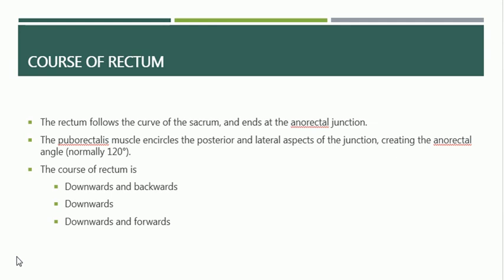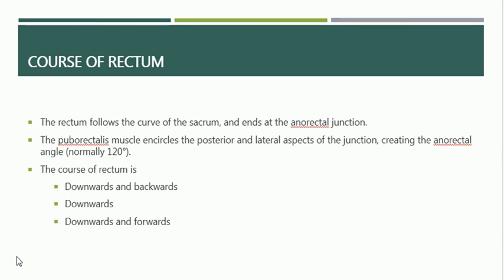A muscle sling, which is the puborectalis muscle, encircles the posterior and lateral aspects of the junction, and this junction is the anorectal junction. So this sling creates the anorectal angle, which is normally about 120 degrees.